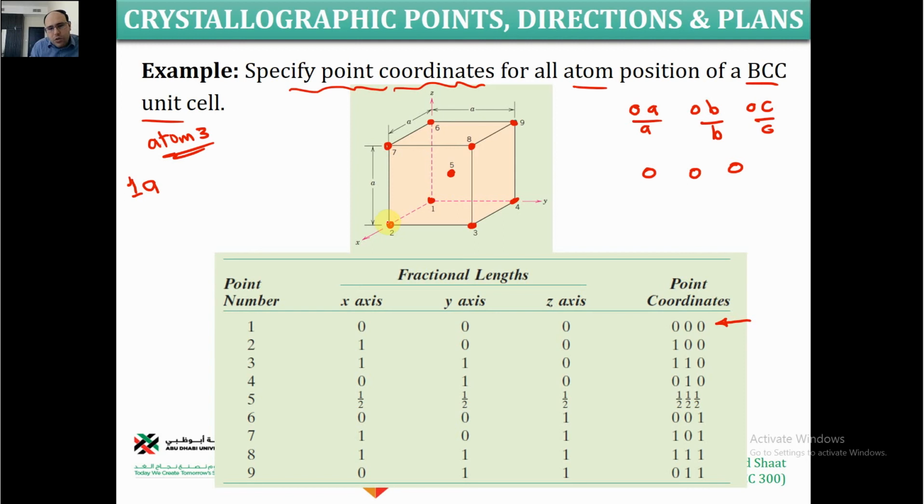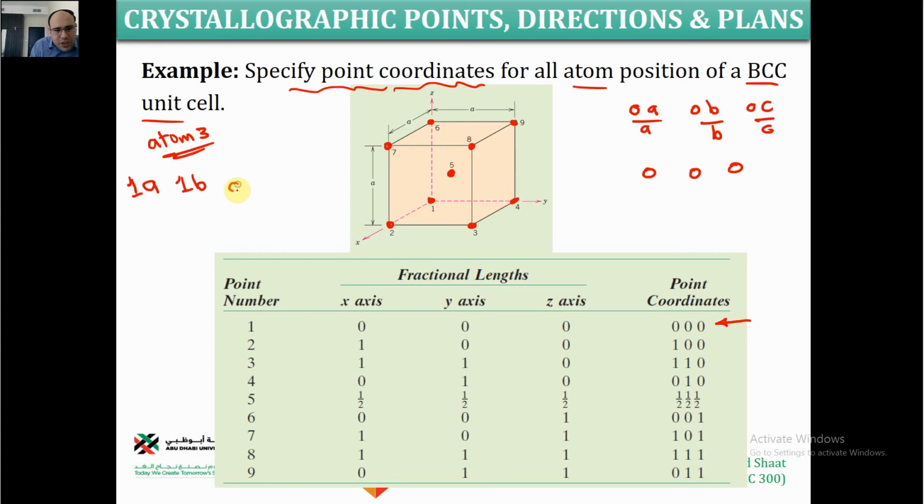So till you reach this point, how long you're gonna move parallel to Y? You're gonna move the entire edge B, which is 1B, which is also equal to A. Remember that in a cubic crystal, A is equal to B. So you can even write A here, it doesn't matter. Then, do you move anything parallel to Z?